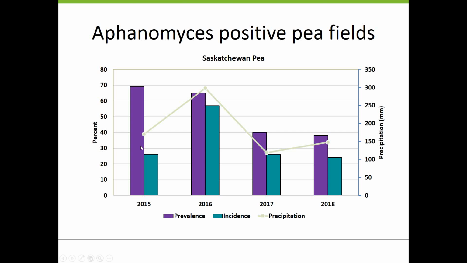So 2015 wasn't a random survey, it was a targeted survey, and that's why we see this high prevalence in 2015. But we can see that the incidence was actually fairly low. 2016 was a wet year, and it was nice to have one wet year in the survey period because we can really see what that impact is of moisture and how that affects the expression of Aphanomyces root rot.